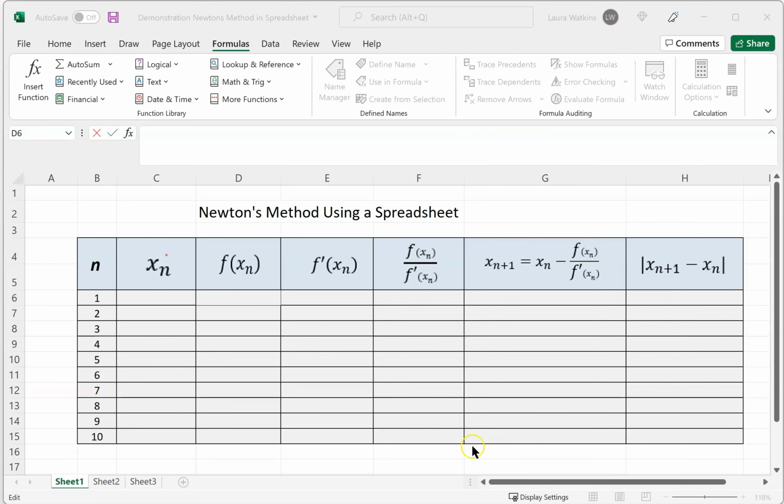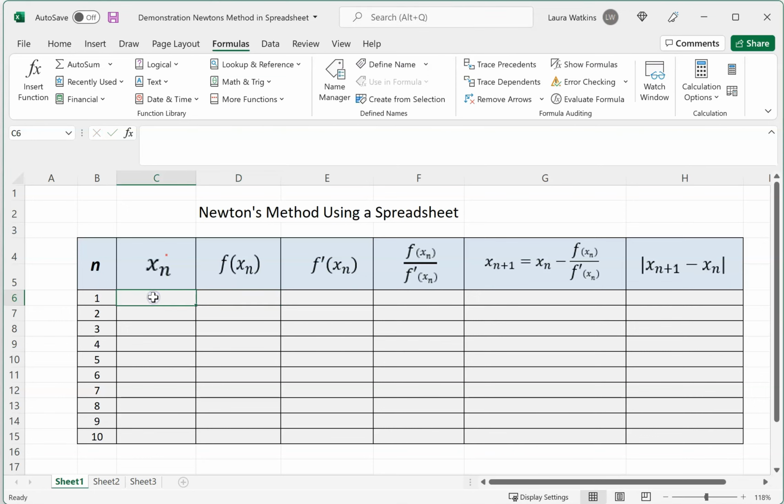We know that we wanted our first iteration to be 1. So I'm going to click on this cell here. Notice it's in column C, row 6, so C6. I'm going to enter 1 because that's where we want to start. That's going to be our first iteration.